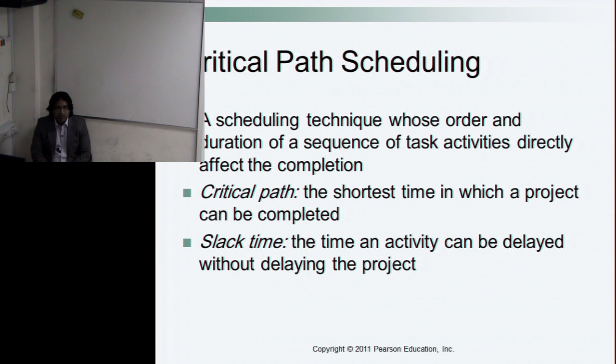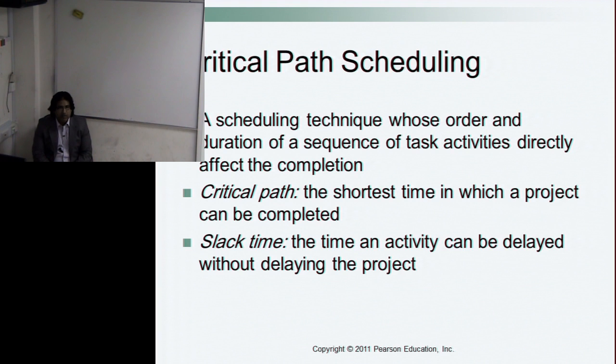Now, we will understand how to determine the critical path using the Gantt chart. We will do certain calculations, and based on those calculations, we will prepare tabular data and then analyze it.